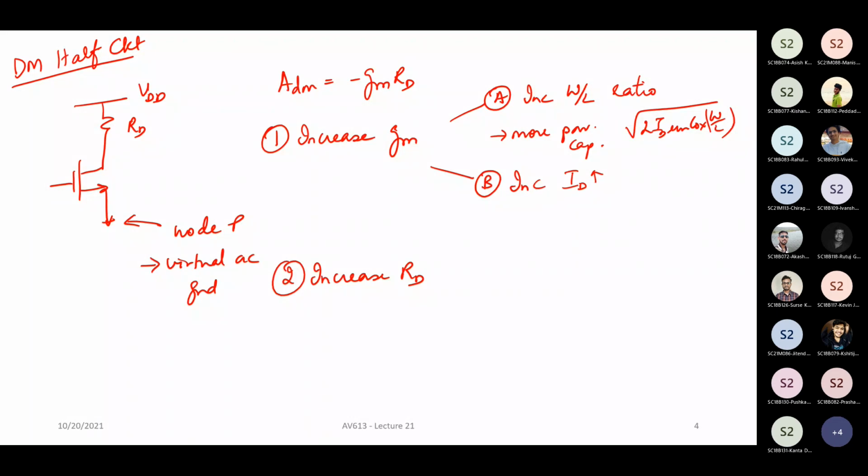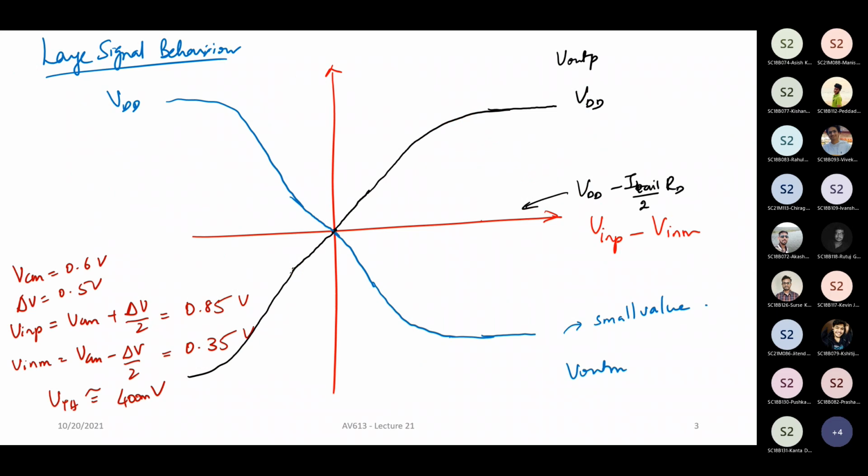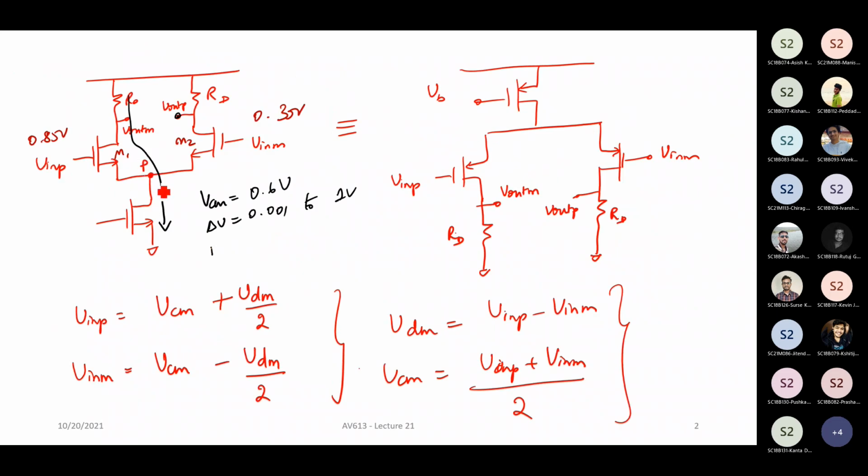What this is going to cause is, one, of course power, and the second is that your V out common mode is going to drop down, because as ID increases, the V out common mode, which is given by VDD minus ID times RD, is going to start going down. As this number goes down, you have a lesser amount of voltage left for both your M1 and M tail.